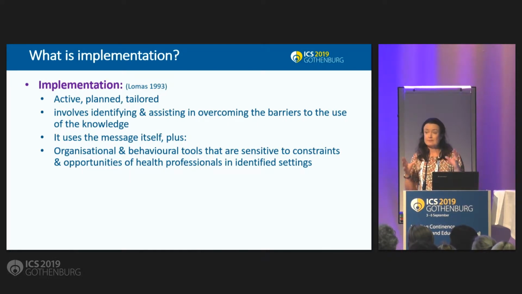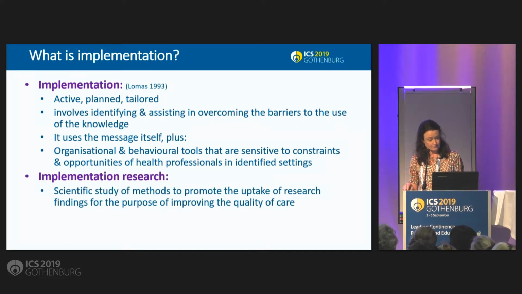It uses the message itself, in this case the evidence for pelvic floor muscle training, and applies it into a context. That's very important to remember, that it's got to work in that context.